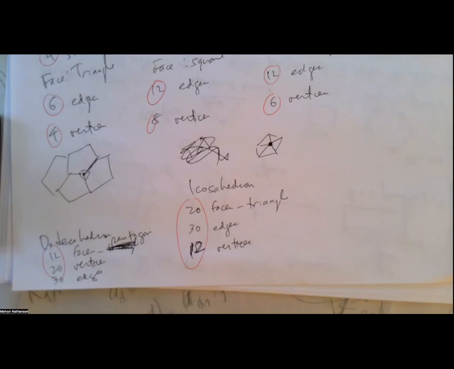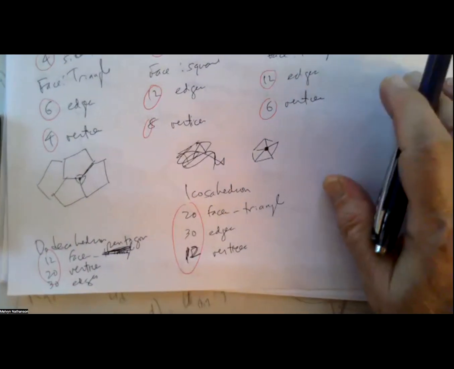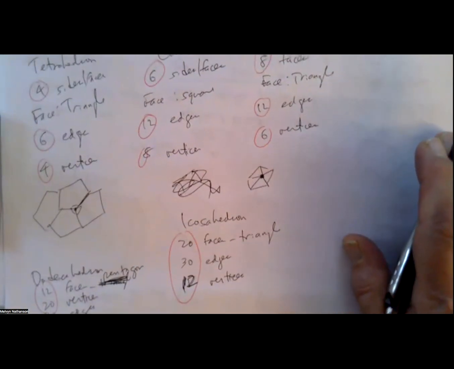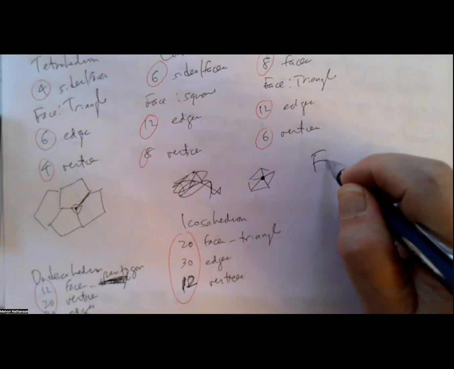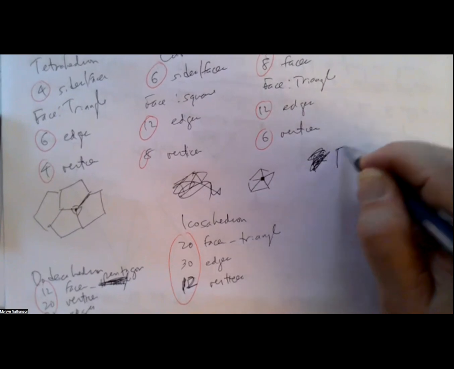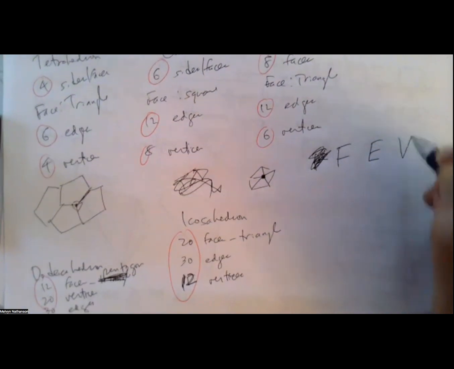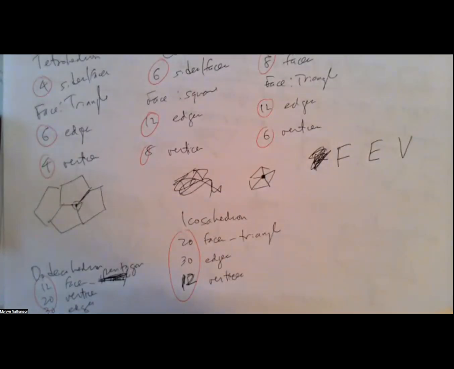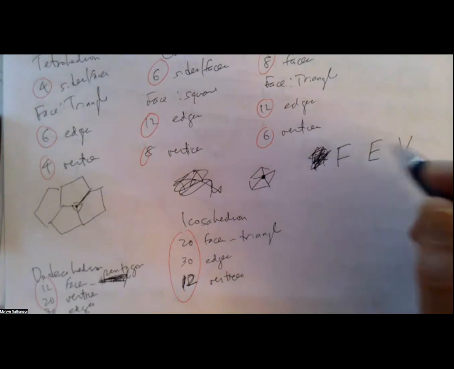But there is a remarkable coincidence, if you like, between these 5 figures. So in each figure, you have the number of faces, the number of edges, and the number of vertices. And there's the following sort of numerical magic.